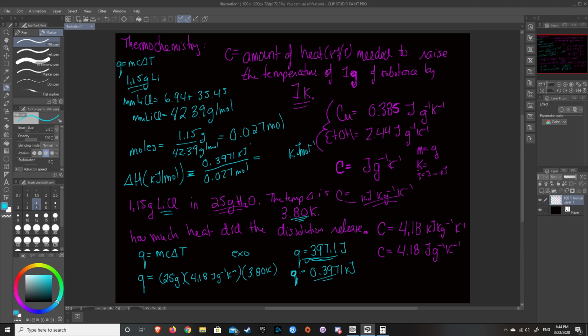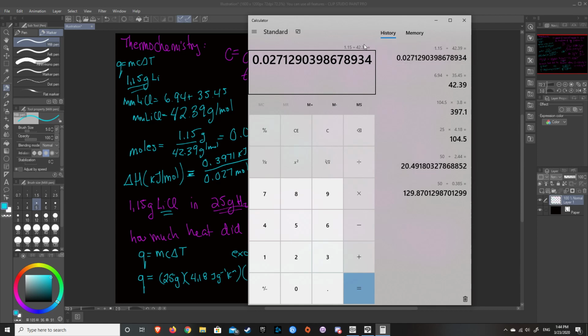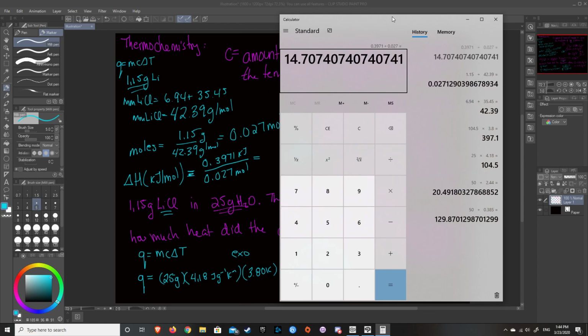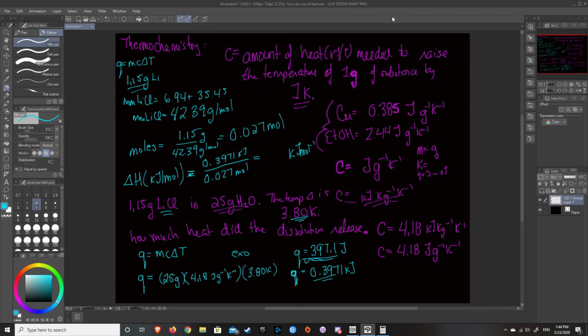So 0.3971 divided by 0.027, and we've got an enthalpy change of 14.7 kilojoules per mole. And now the important part comes in.